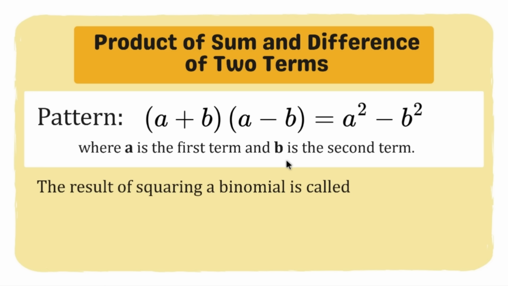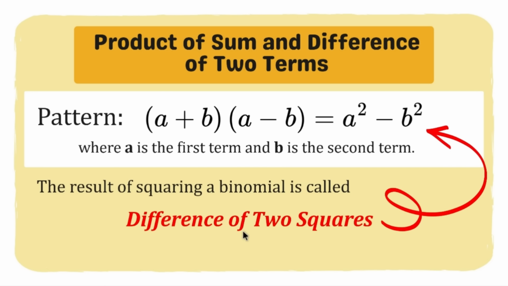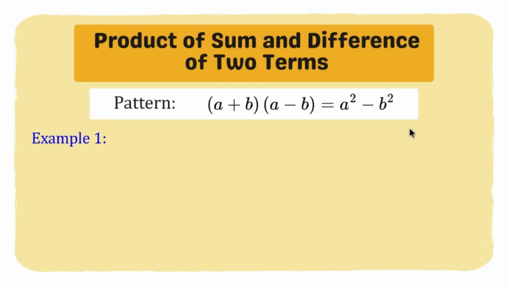Ang tawag po natin dito is difference of two squares. I repeat, the product of sum and difference of two terms is called difference of two squares because we have here two squares. Okay? So let's have some example. So we have here x plus 3 times x minus 3.